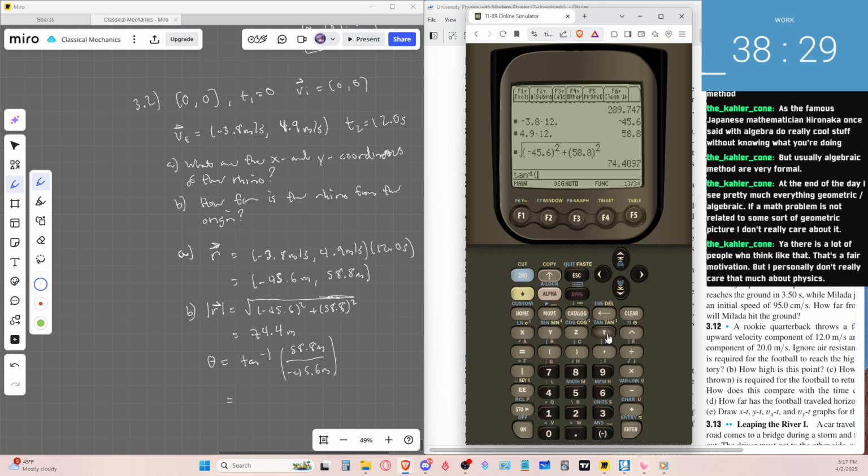So negative 45.6, negative 52. But I think we're going to have to add 180 degrees. So 0.8.